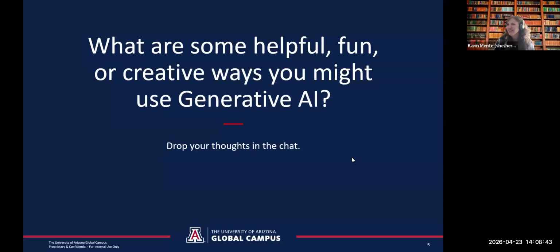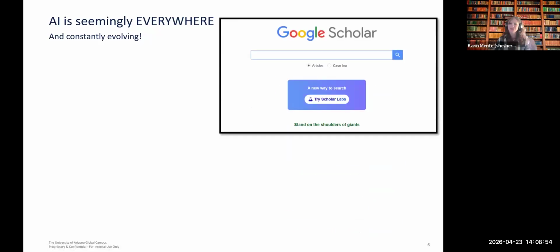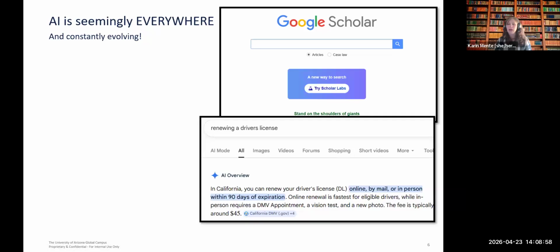That's awesome. Okay, so now let's talk about this. AI, as you've probably noticed, it's everywhere. It's in your search engines. Anytime you do a Google search, you don't get links anymore. You get this AI overview that you have to kind of parse through and decide, is this something to trust?